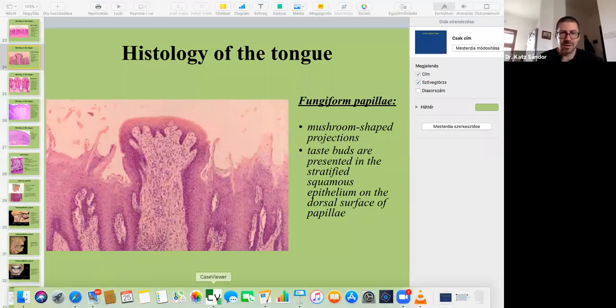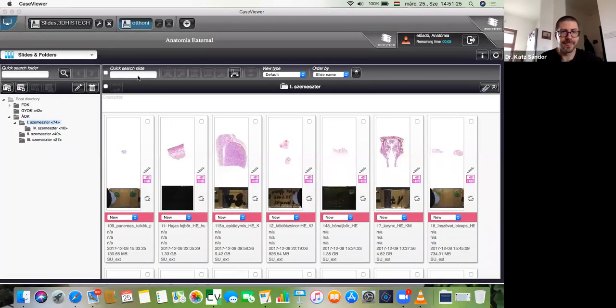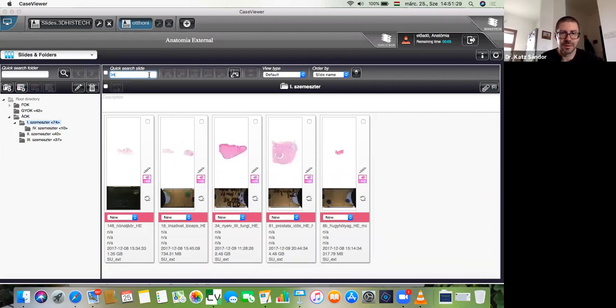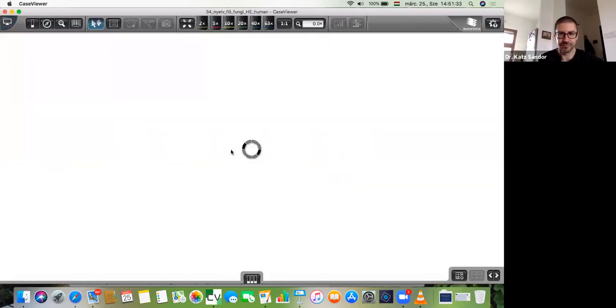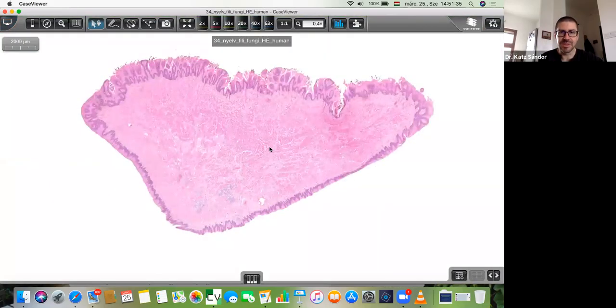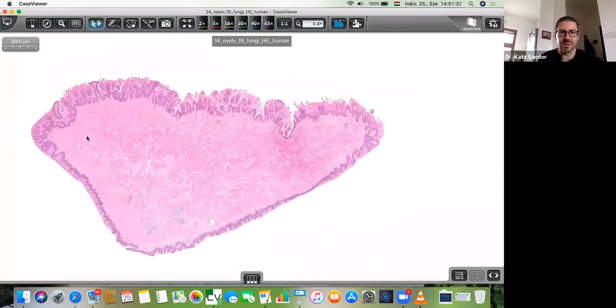Now let's see our first slide, which is 34. Yeah, this is it. This is a cross section of the tongue, and at the top of the surface we can find these mucosal projections.